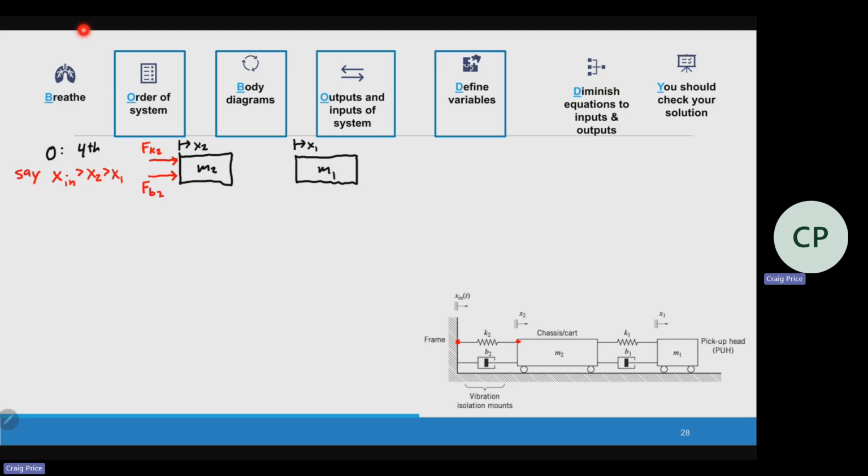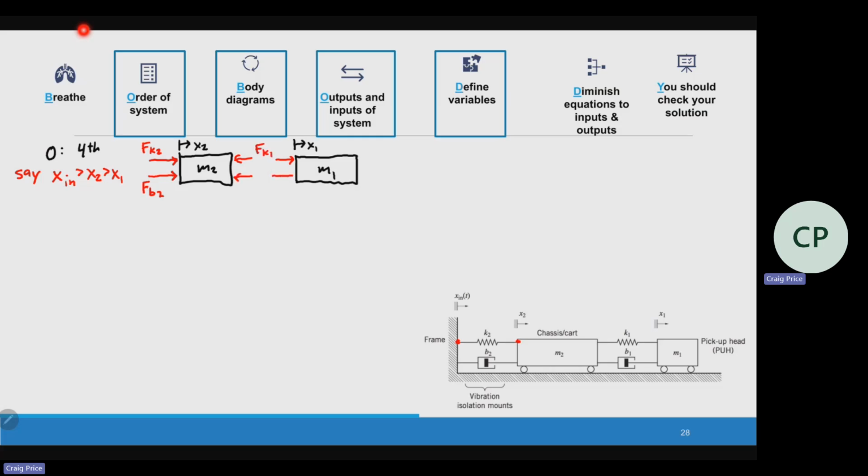Now it's pushing mass 2. What's happening to K1? X2 goes positive. K1 is in compression. So now I have to have both forces. It's going to be pushing back on that while also pushing this, equal and opposite, FK1.